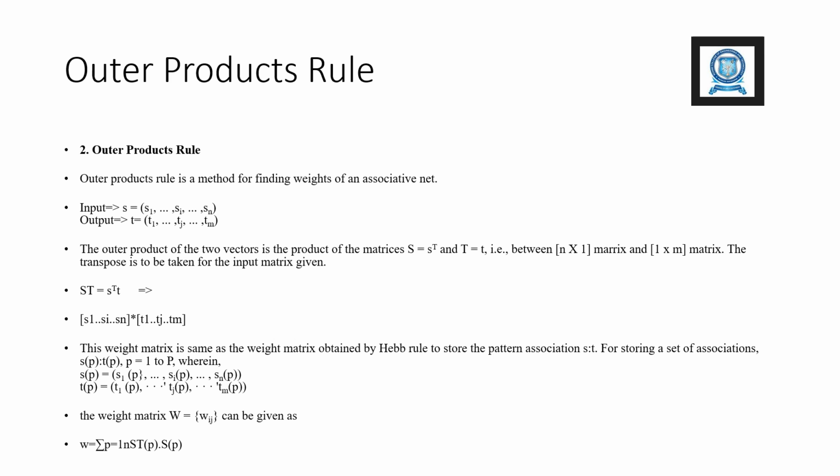The transpose is to be taken for the input matrix. This weight matrix is the same as the weight matrix obtained by Hebb rule to store the pattern association S to T. For storing a set of associations S(p) to T(p), where p is equal to 1 to P, the weight matrix is calculated and it is given below.